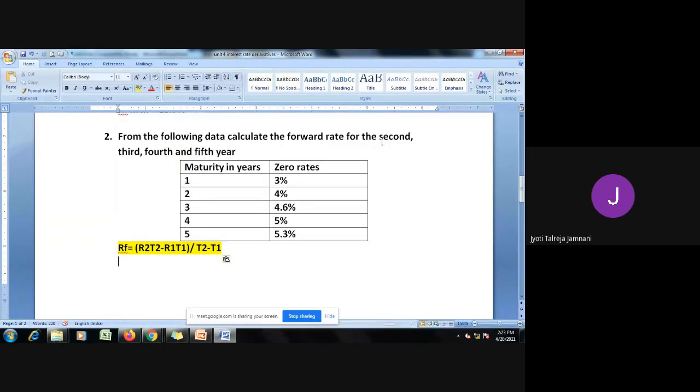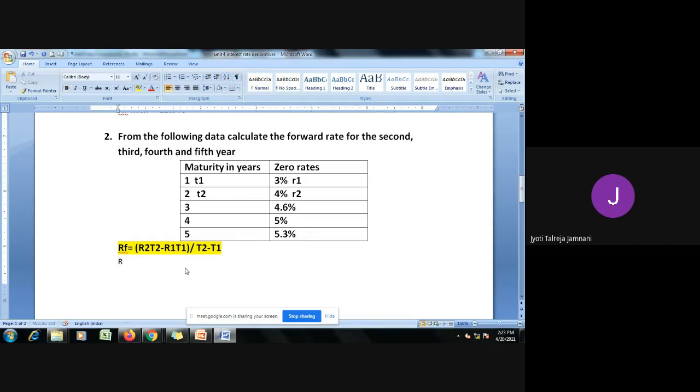From the following data, calculate the forward rate for the second, third, fourth, and fifth year. So for the second year, this is T2, this is T1, R2, and R1.